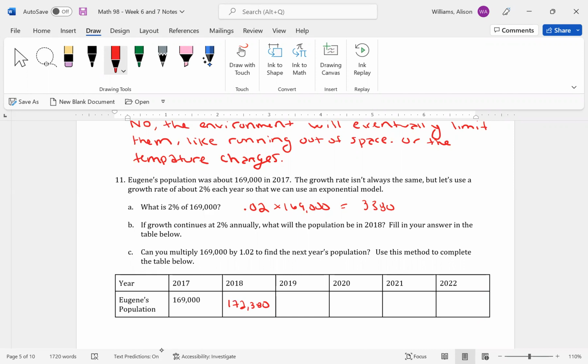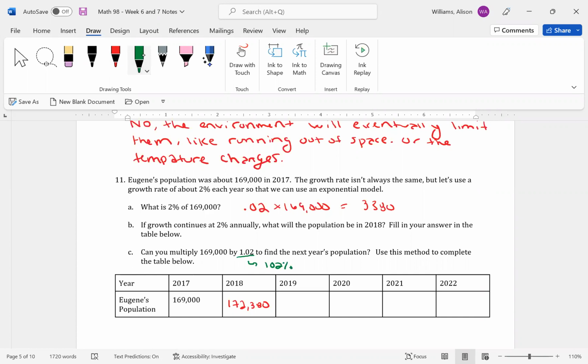Okay, part C. Can you multiply 169,000 by 1.02 to find the next population? So let's do that. Let's take 169,000 times 1.02. And yep, we get the same number. So here's what 1.02 represents as a percent. As a percent, it's 102%.